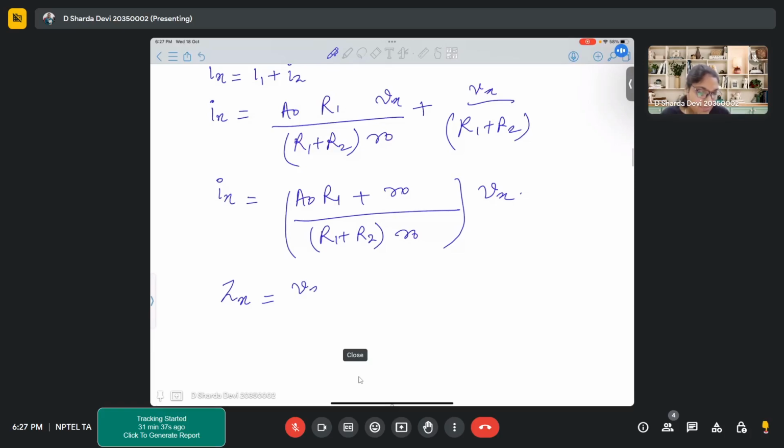Zx is Vx upon Ix. So it will be (R1 plus R2) into R naught upon (A naught R1 plus R naught).